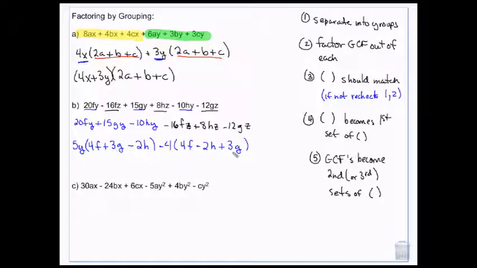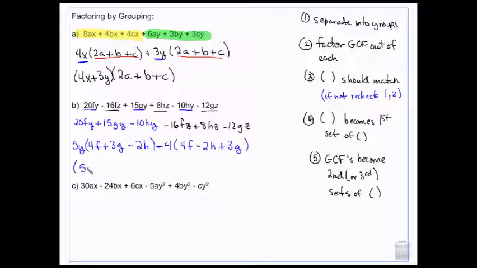Now these match. They might look like they don't because this is GH and this is HG, but that's just because of the order I wrote them down in. I have 4F, 3G, 2H, 4F, 3G, 2H. So they do match. And because I took out that negative 4, the signs match.